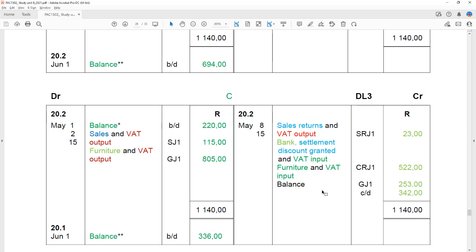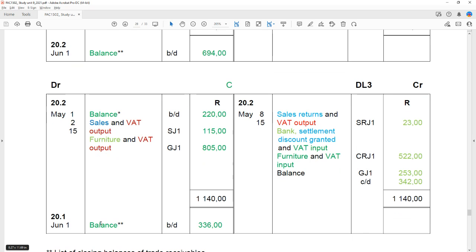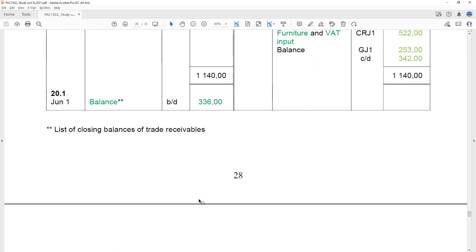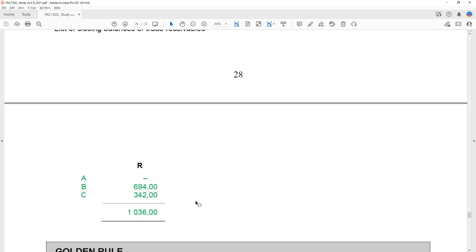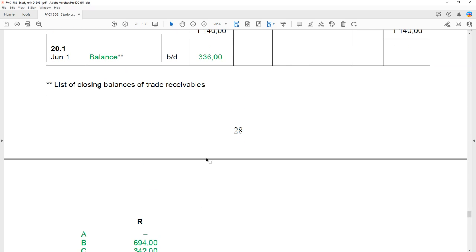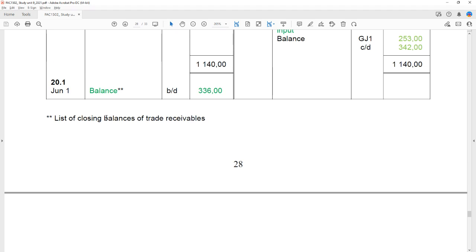So my balance carried down of 342 will then come down to 336. Okay, that was according to the trade receivables.